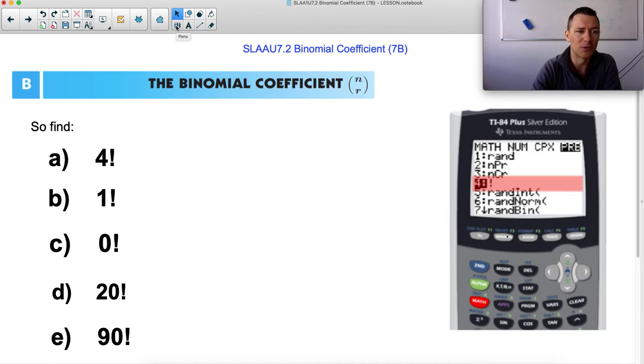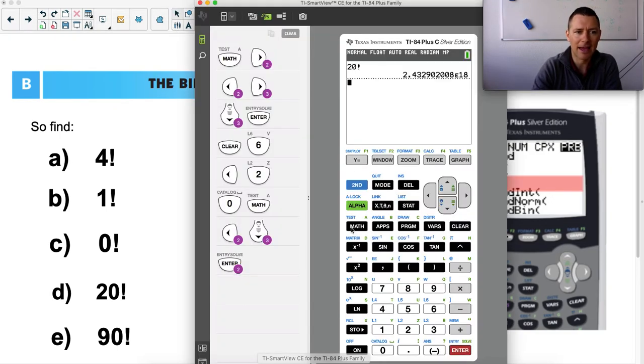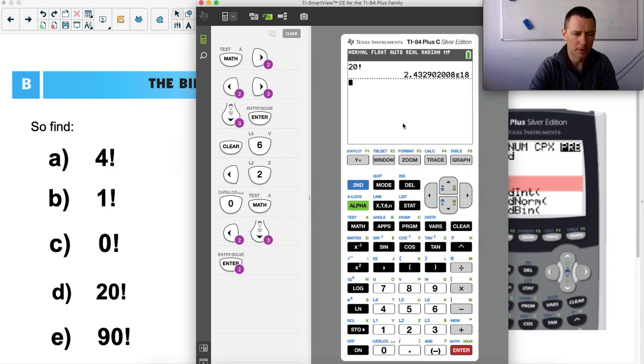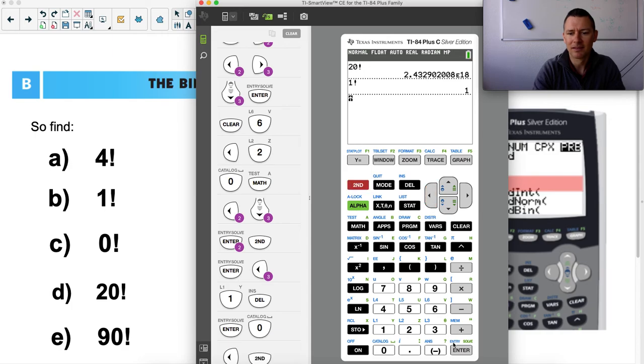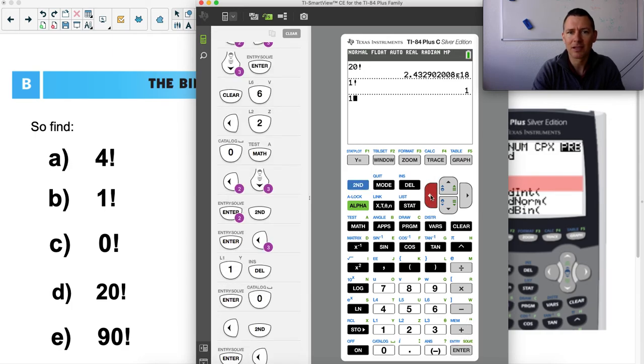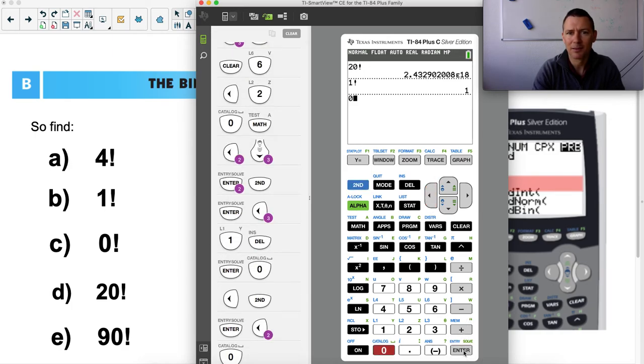Some interesting ones are that you can just keep hitting second enter and then modify these. So 1 factorial is just 1 times 1. Interestingly, that one is 1 factorial too.